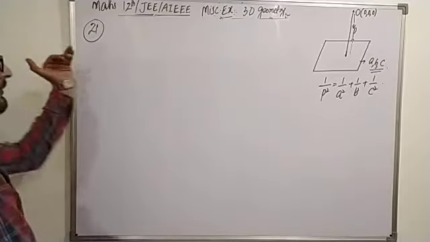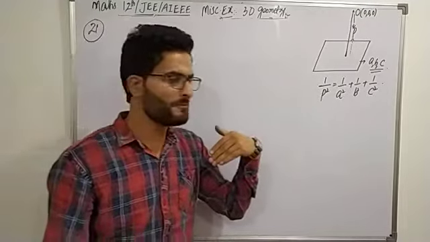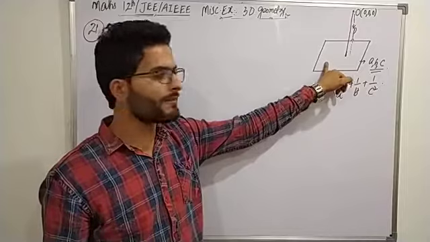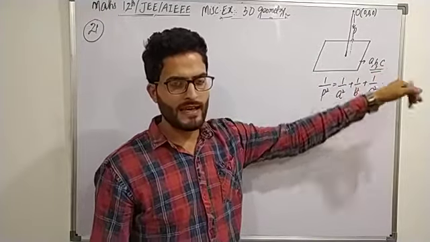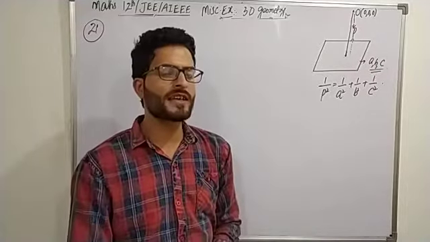Now we are on question number 21 of that same miscellaneous exercise, and in that question it is given that we have a plane, and that plane cuts off intercepts A, B and C along the coordinate axes. It's a plane which is intersecting the coordinate axes, cutting intercepts along the axes.